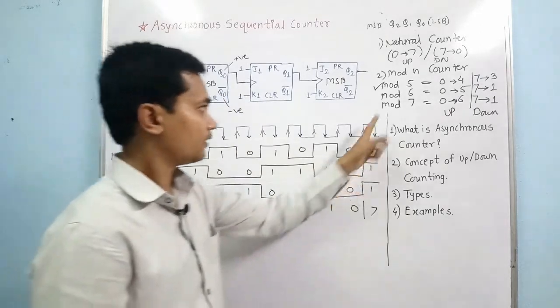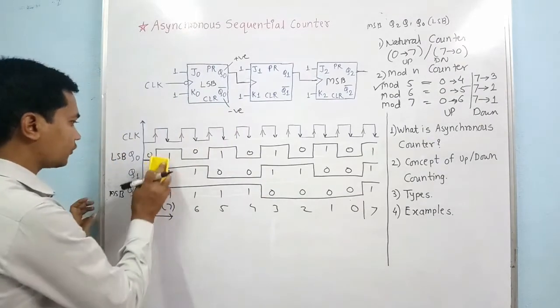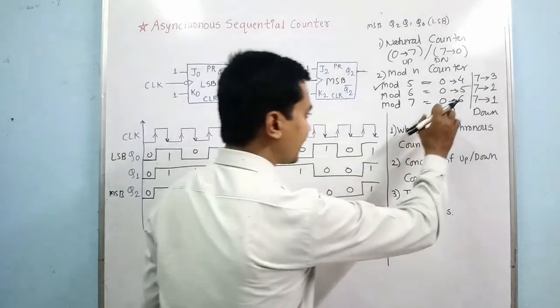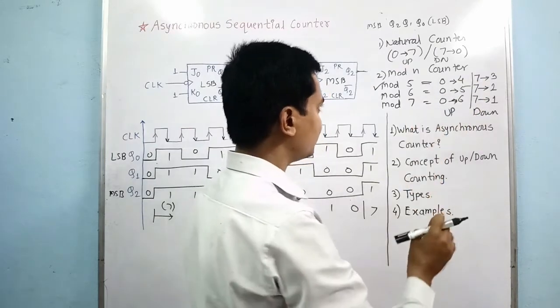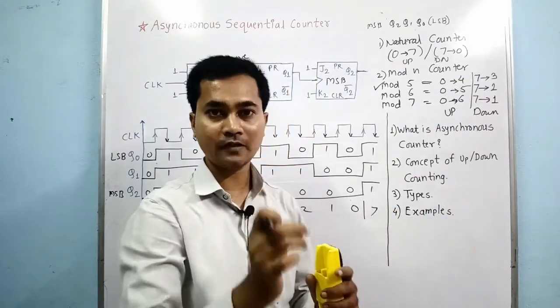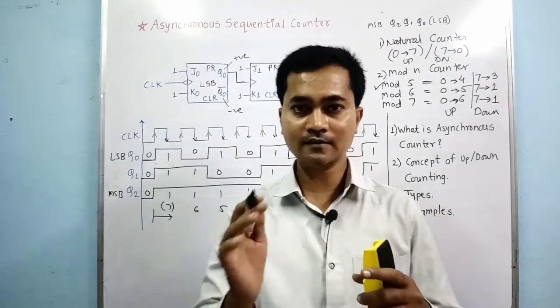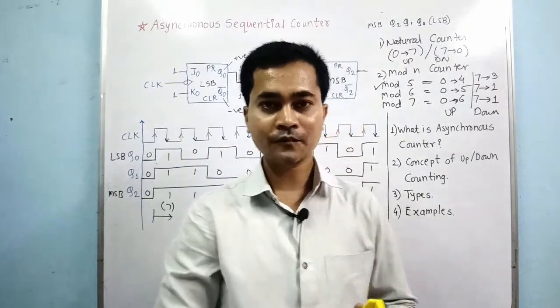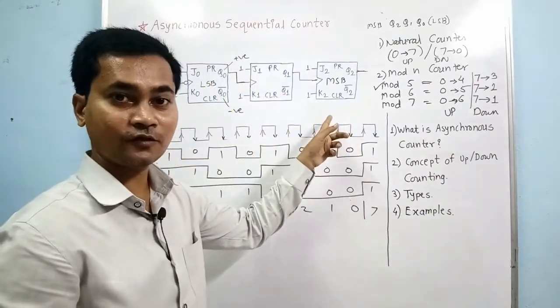Now we will see the mod 5 counter. Mod 5 counter means it will count up to 4, and as the value 101 arrives, that means Q2 Q1 Q0 will become 101, that time the flip-flops will be reset to 000.